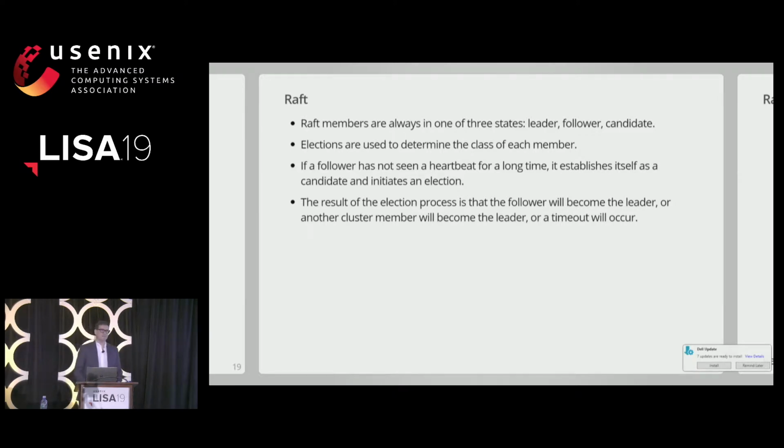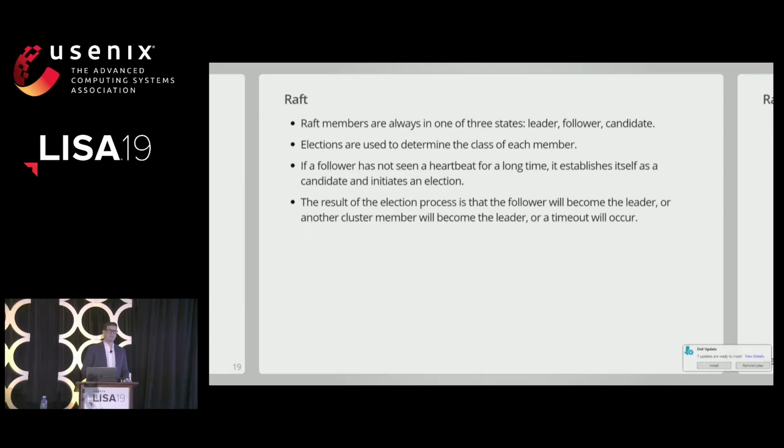So Raft members are always in one of three states. They're either in the leader state, follower state, or the candidate state. The way they get into these states is through elections. Elections are used to determine the leader, and therefore also the class of each member. Say you're a Raft follower, and you haven't seen a heartbeat for a long time.